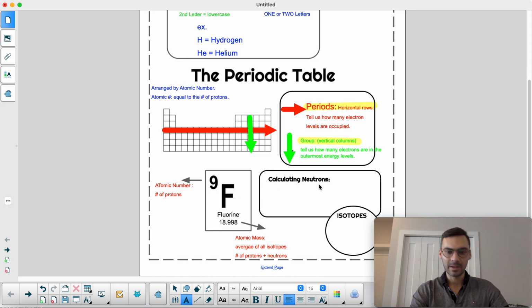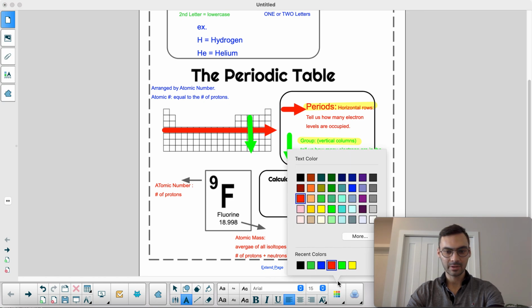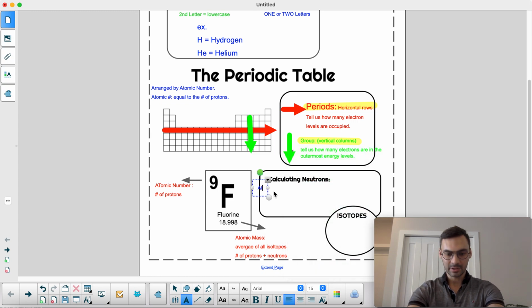Now, if we want to calculate how many neutrons are, we already know how many protons there are. And there is a fancy formula that will let us figure out that additional information. And it is as follows. It's the atomic mass subtracted by the number of protons.